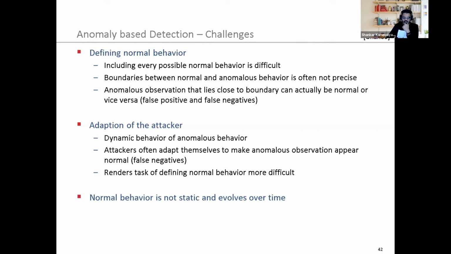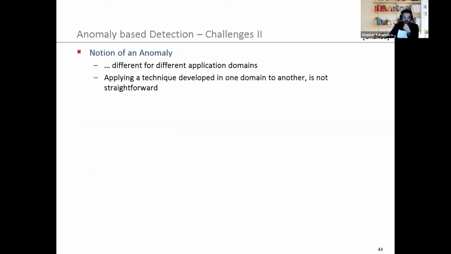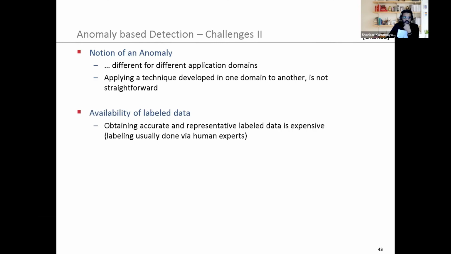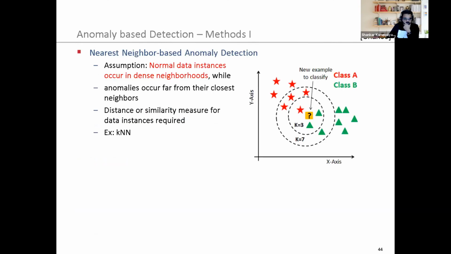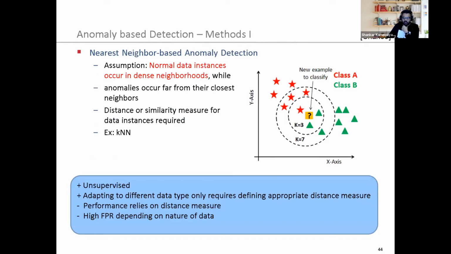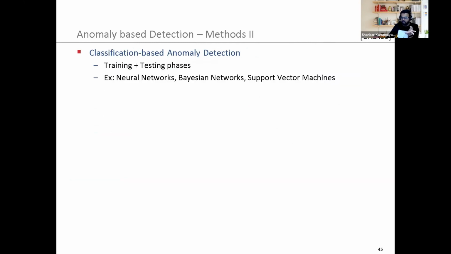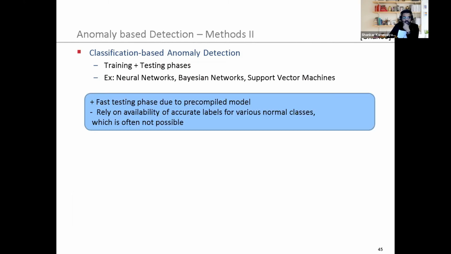But I'll take the questions after I finish this session. Okay, I'll skip this. Those who are interested in anomaly-based detection mechanisms can look further into the details on this slide.